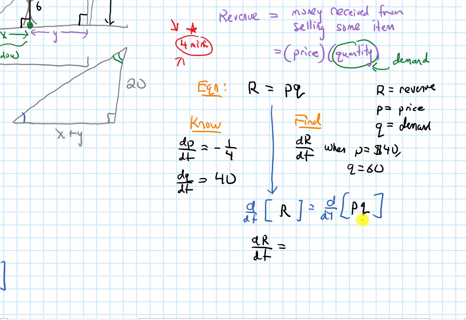On the right-hand side, we'll need a product rule. So we'll get the first function, P, times the derivative of the second, which is dQ/dt, plus the second function, Q, times the derivative of the first, which is dP/dt. And now we can plug in the stuff that we know. So dR/dt is equal to, well, the price at this instant is, actually, I got that wrong.